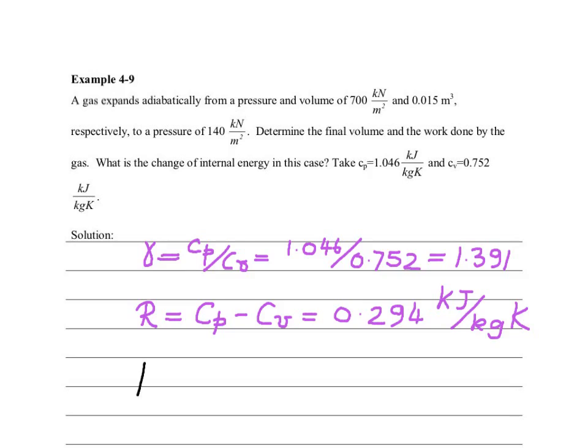P1, we are told, is equal to 7 bar. P2 is equal to 1.4 bar.